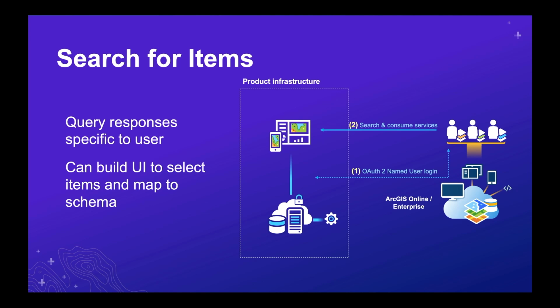And from that, you can then build out a UI to select the items that the user might find relevant to the workflow, or to map to a schema. This is how things work in ArcGIS Hub, for example. So in ArcGIS Hub, you want to create an initiative that shows progress towards the Vision Zero initiative, where the end user might maintain a crash rate layer, or car accident rate layer, in their GIS.